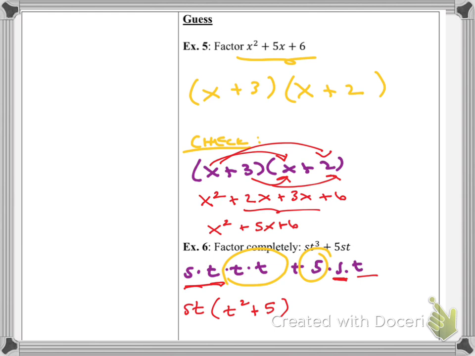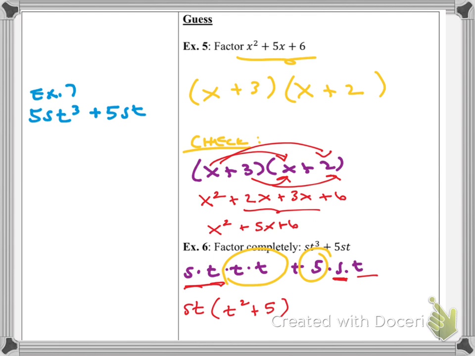And I want to add this because I wanted to give you an example of what I meant with my comment earlier. Let's say, and if you want to call this example 7, you can, I'm just going to slightly change example 6. Let's say this was 5st cubed plus 5st.